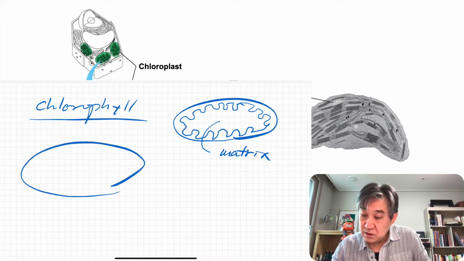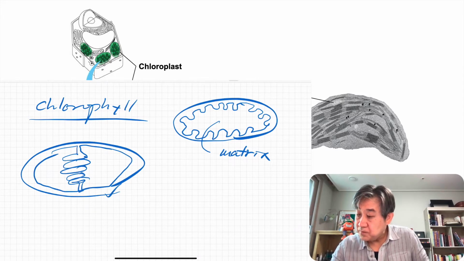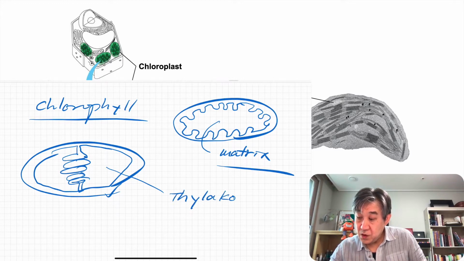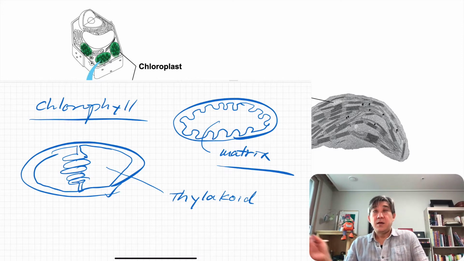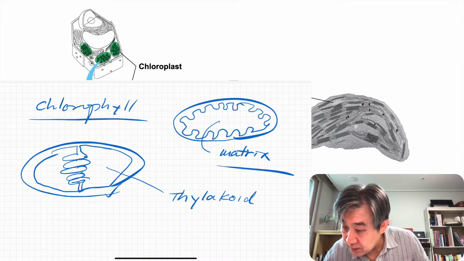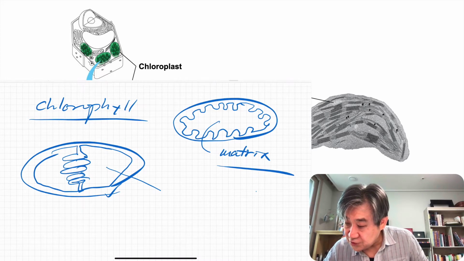However, in the case of a chloroplast, the equivalent of the matrix, the internal space, is called the stroma.